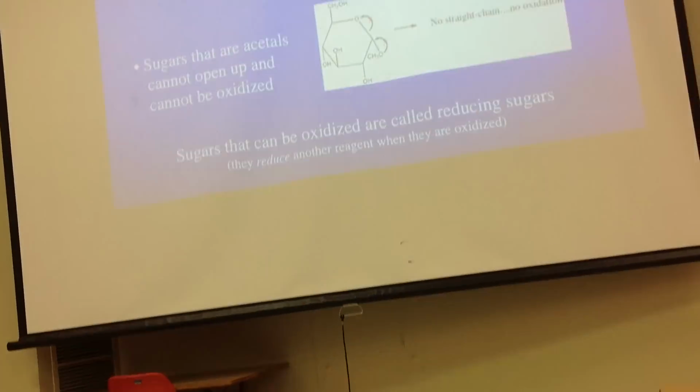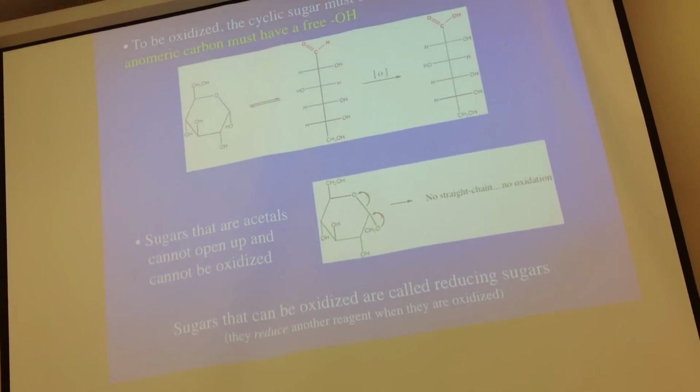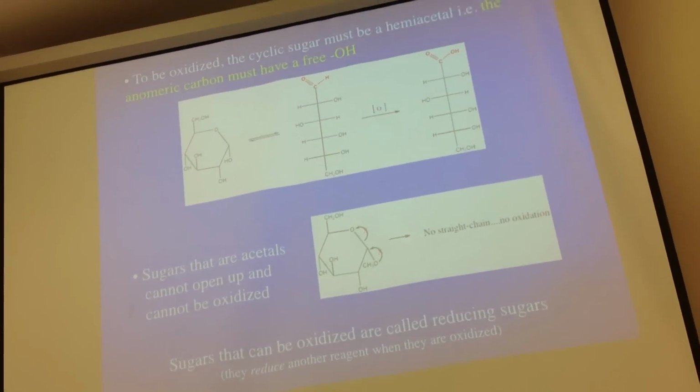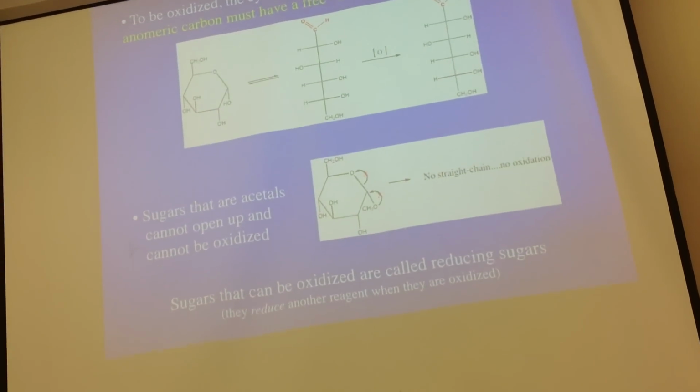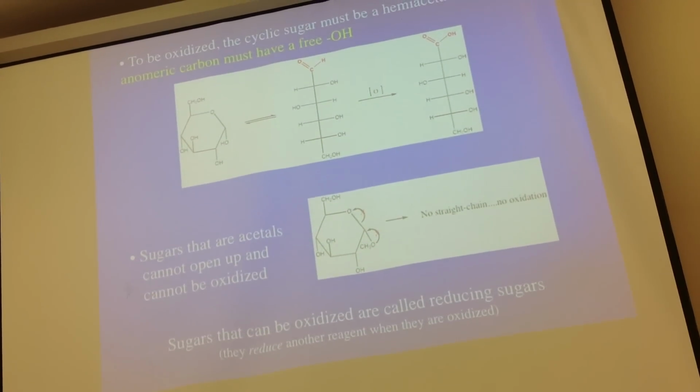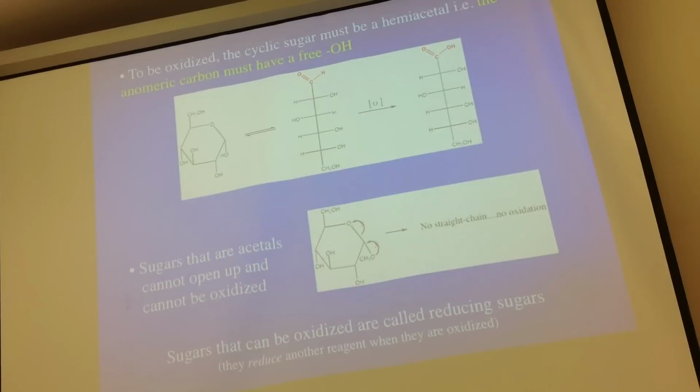To be oxidized, the cyclic sugar has to be a hemiacetal. So let's sit here, I want to draw this up. We just talked about how the sugar exists not in the straight chain form predominantly. It's less than 1%. Mostly it's cyclic. So you would think that it would not oxidize, because in the cyclic form, there is no aldehyde.